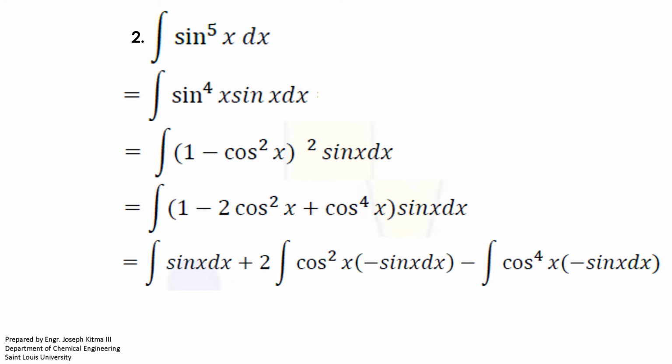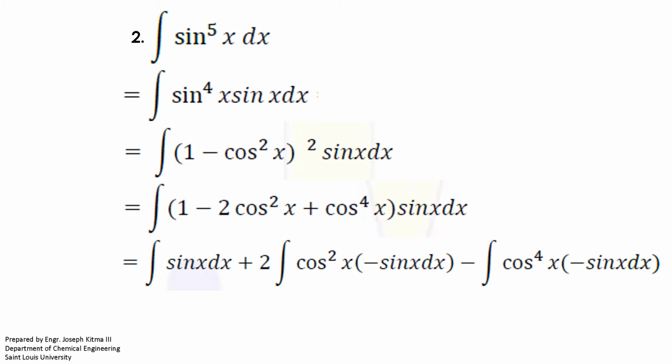What happened here? The differential of cosine x is negative sine x dx. So we introduce negative 1, and then we introduce also the correcting factor before the integral sign, which is negative 1. A negative 1 and then a negative sign makes this positive.